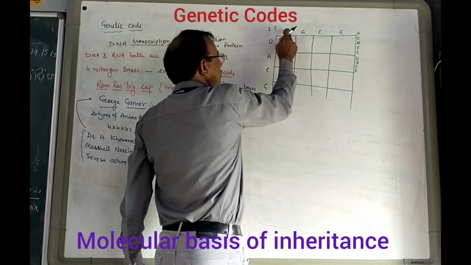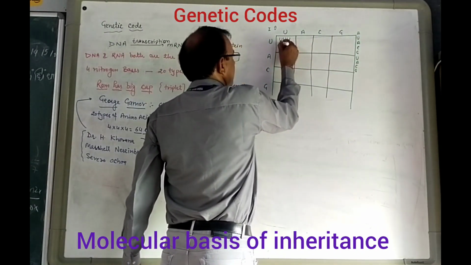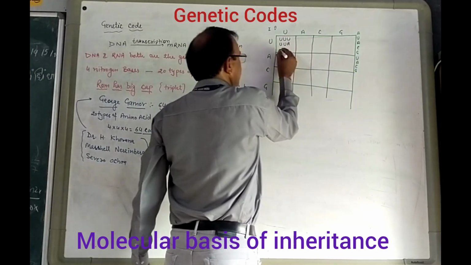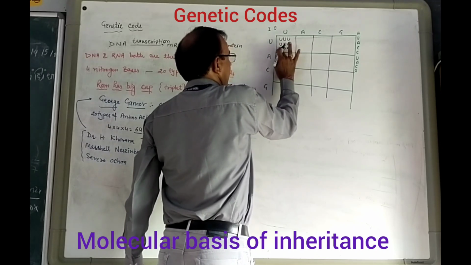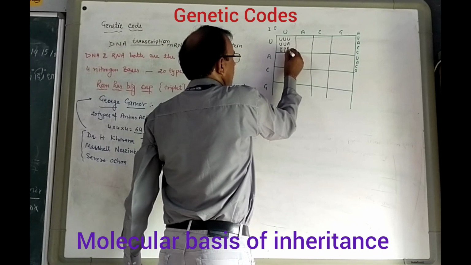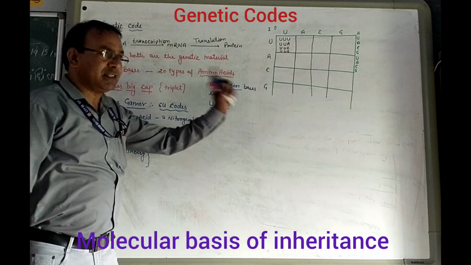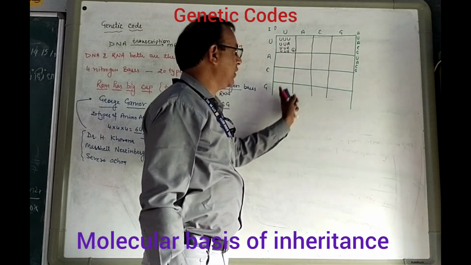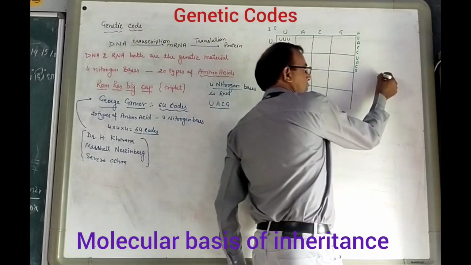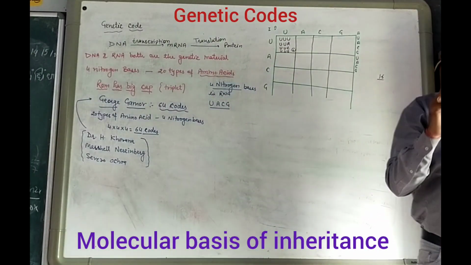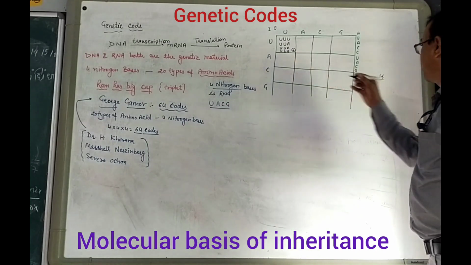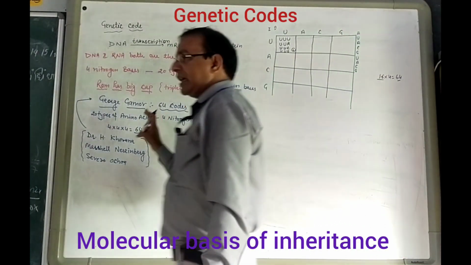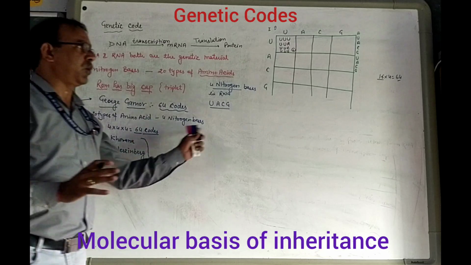Second one U, and second letter of third sequence A: U, A. Third one is U, C. And the fourth one is U, G. So in one slot there are 4 genetic codes, and there are 16 slots in total. One slot contains 4 genetic codes, so 16 into 4 is 64. George Gamow represented that there are 64 codes present.